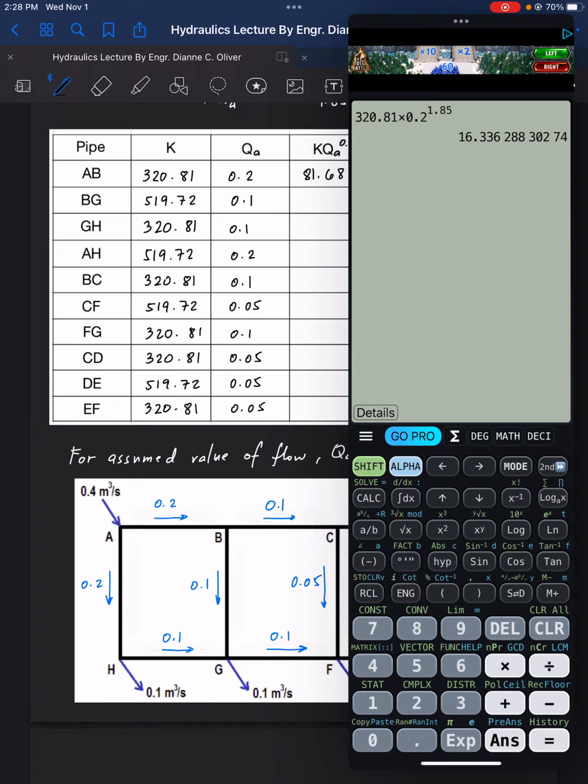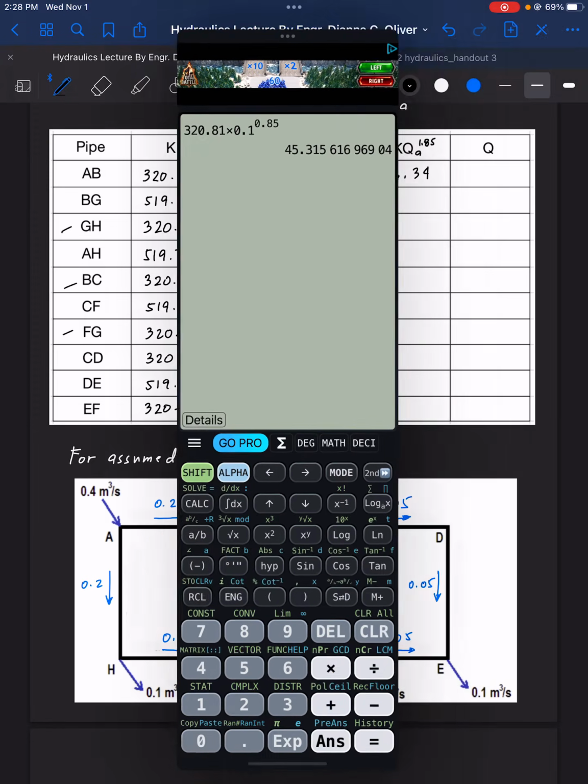Next, we have 320.81 times 0.1. So GH, BC, they are the same, and FG, so they are the same. So 0.1 raised to 0.85, that is 45.32.